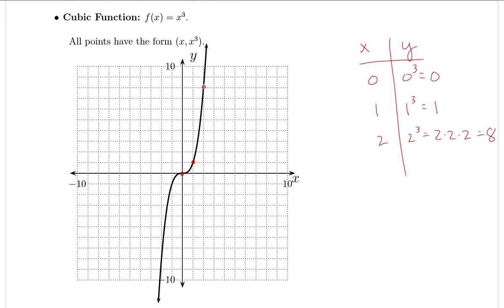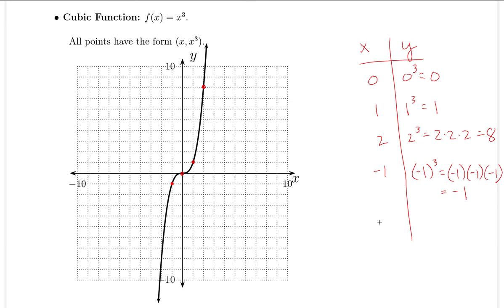Now, what makes this one different than y equals x squared is that we don't have the same thing happening on the negative part of the graph. Because if you take -1 to the 3rd power, that's -1 times -1 times -1. But 3 negatives multiplied together gives you a negative. So go left 1, we're going to go down 1.